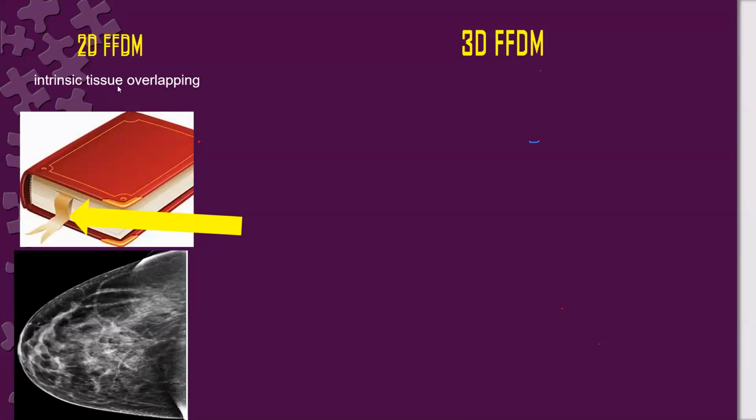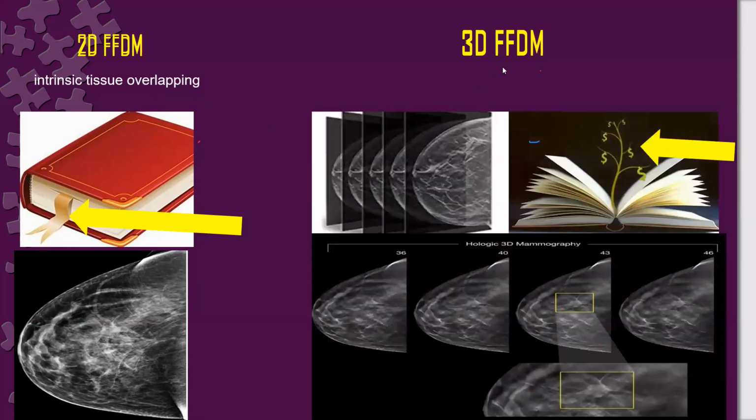So this is the intrinsic tissue overlapping. While on 3D, we take thin slices of the breast, as if we open the book, looking for the lesion at which exact paper within the book.